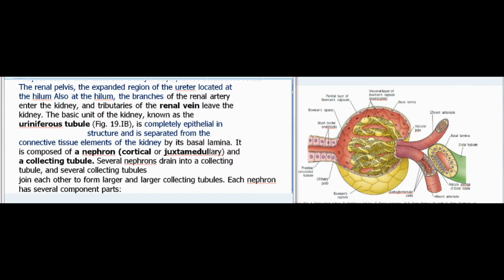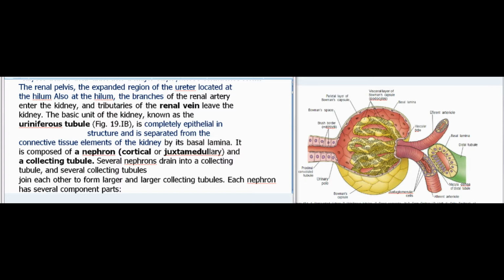Also at the hilum, the branches of the renal artery enter the kidney, and tributaries of the renal vein leave the kidney. The basic unit of the kidney, known as the uriniferous tubule, Figure 19.1b, is completely epithelial in structure and is separated from the connective tissue elements of the kidney by its basal lamina.